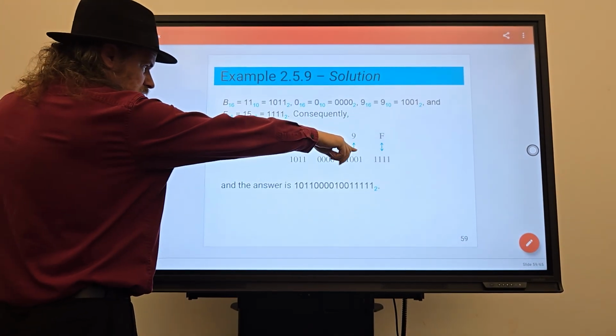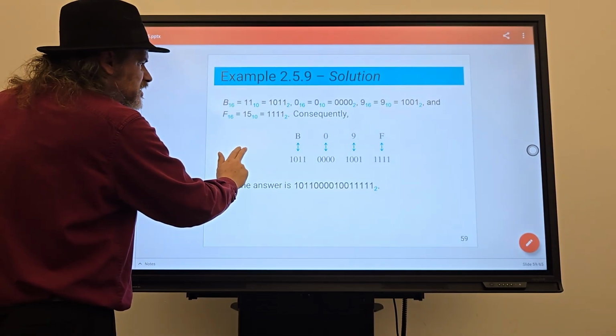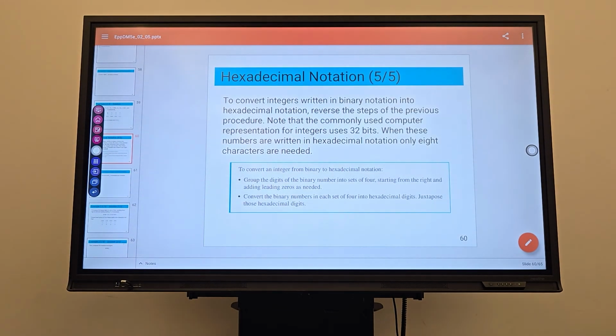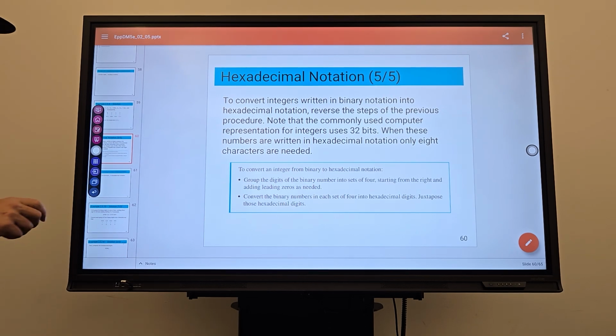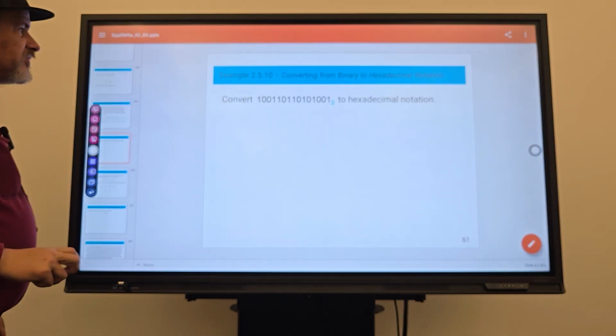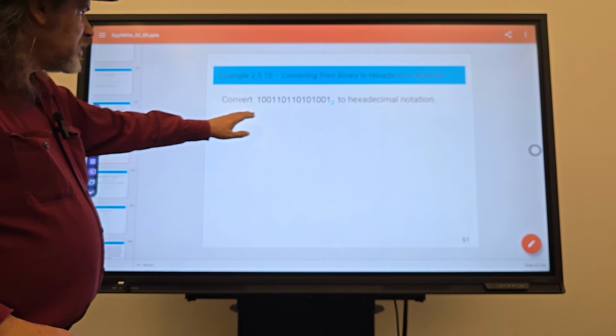So I think that's what I said. But to convert integers written in binary, just do the reverse. Find the combination of bits that correspond to the hexadecimal digits. So converting this to hexadecimal.